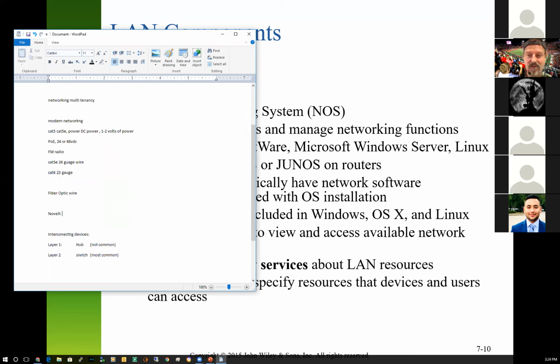Novell. They used to be one of the largest companies in the world. Anybody ever heard of Novell? Just don't make me a liar, say no, I never heard of them. They were like Microsoft. They had 97% of the networking market, and then IBM and a couple of other companies had like 3% of the market.